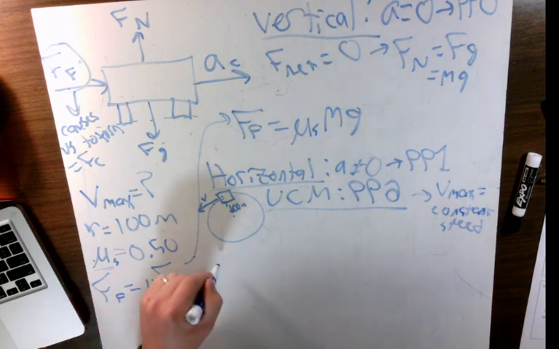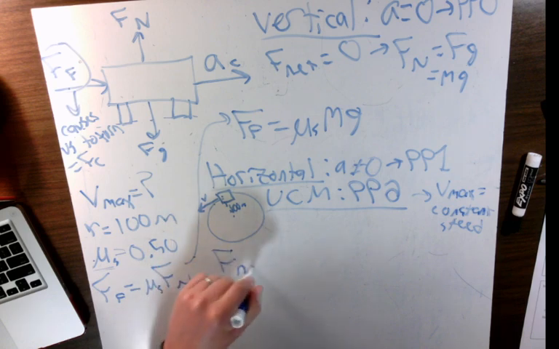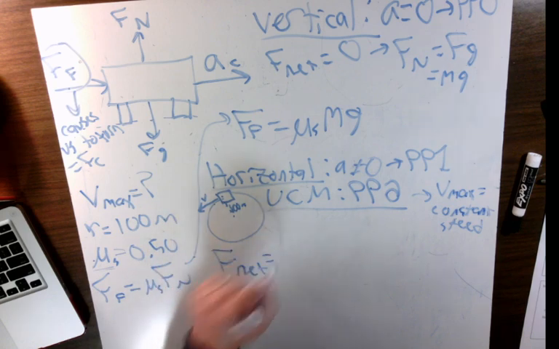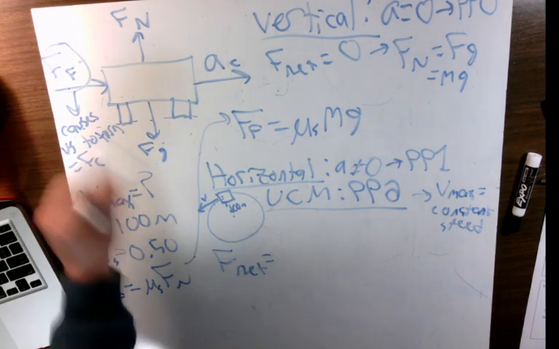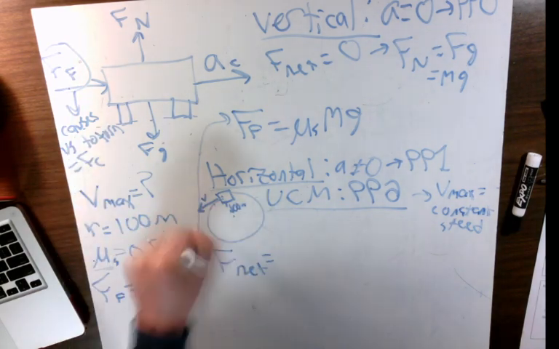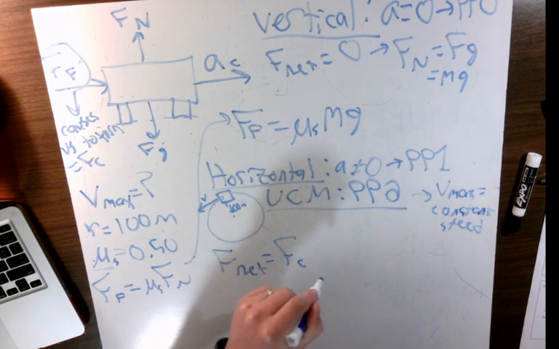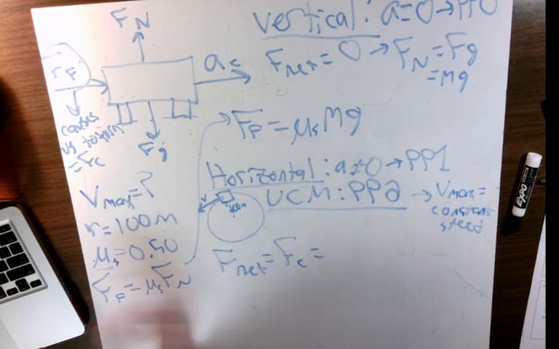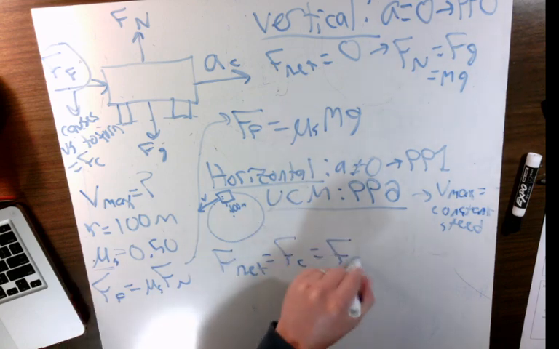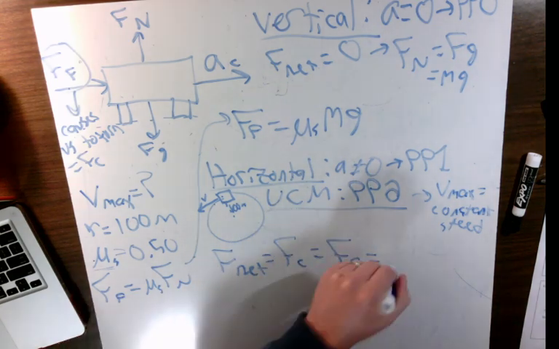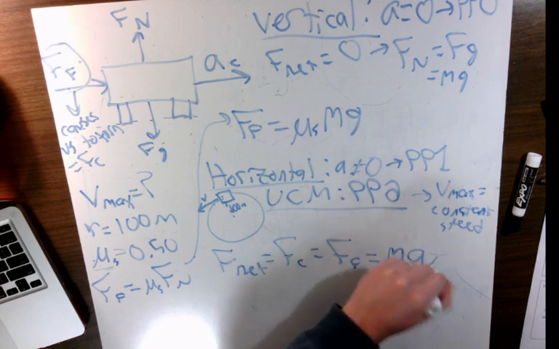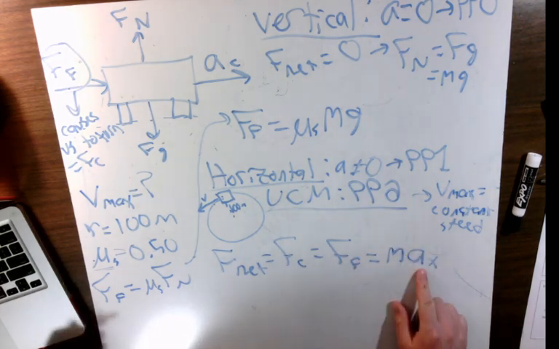We know from today's lesson that the net force acting on the car in this horizontal uniform circular motion is equal to our centripetal force, which is our friction force, and that's going to be equal to our mass times our centripetal acceleration.